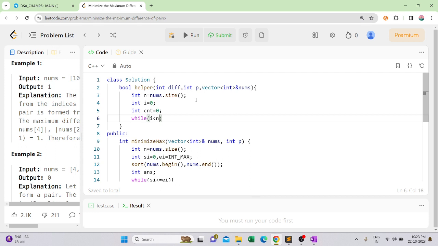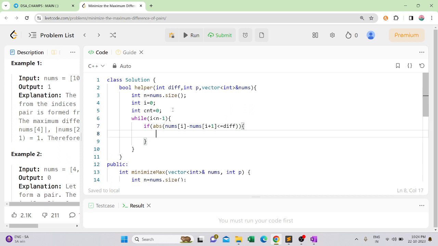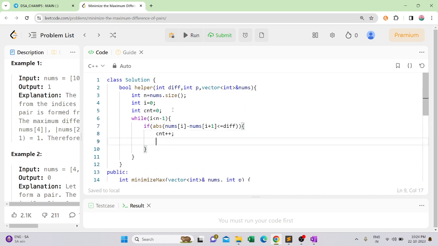Now while i is less than n minus 1, since we are taking the pairs, we will see the absolute value of the difference between the pairs. If we are taking this i and i plus 1, so if nums of i minus nums of i plus 1, if this value is less than or equal to diff, so yeah, we can take this pair. So what we will do is we will increment our count and we will shift our i by 2.